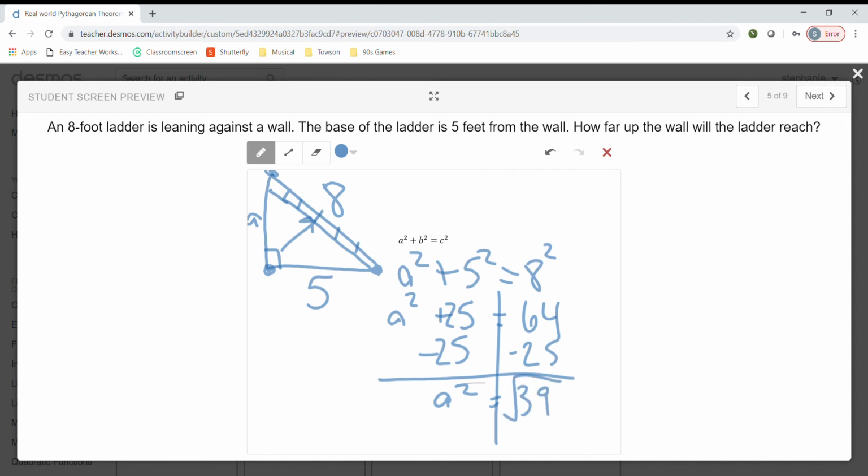I can take the square root. A is then equal to 6.24. That looks kind of like a 9, sorry guys. All right, so that is the height of the wall. That's where the ladder will reach.